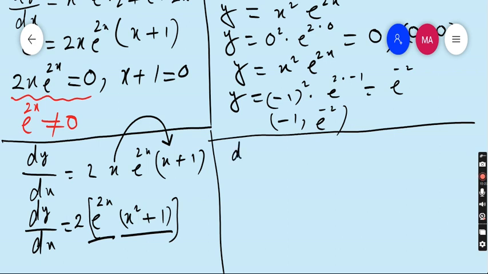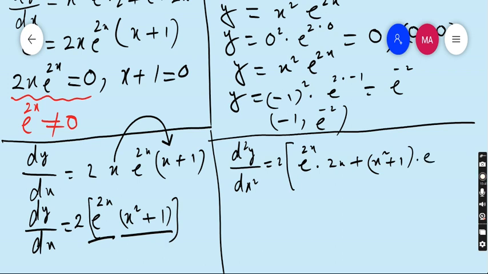So d square y by dx square, 2 is still outside. u times derivative of x square plus x, 2x plus 1, and x square plus x times derivative of e2x, which is e2x into 2. You must have good command of derivatives, otherwise you are unable to do this exercise.